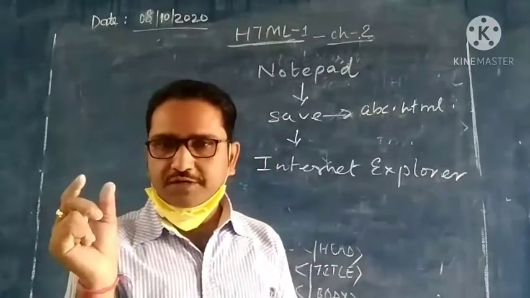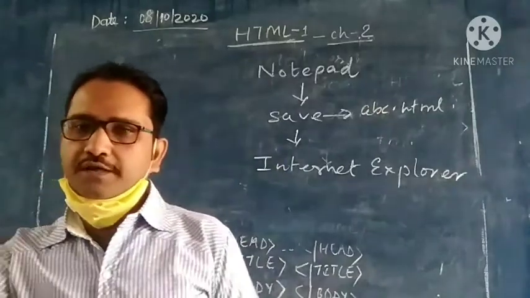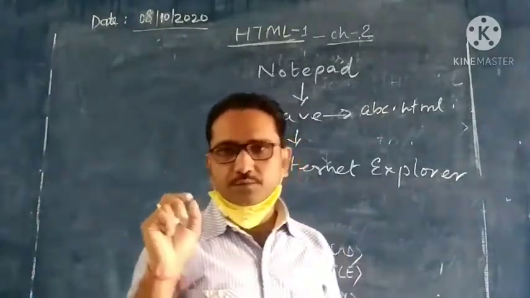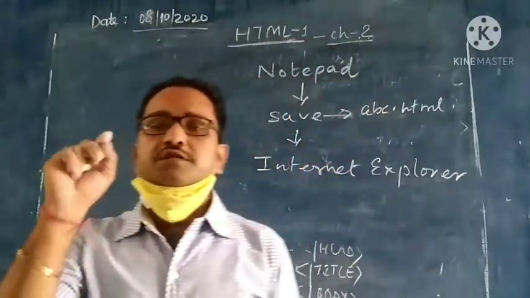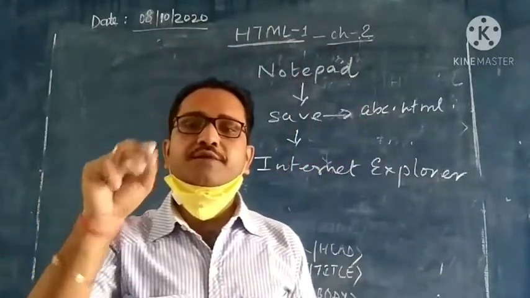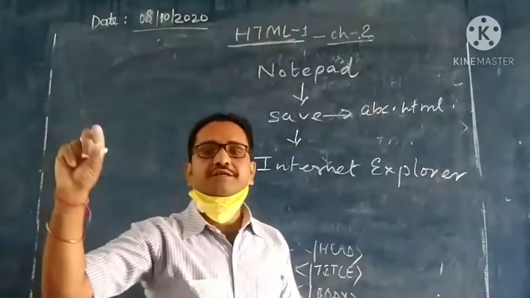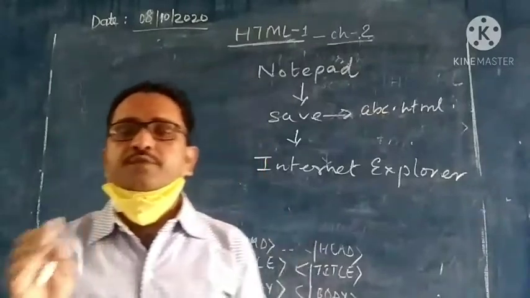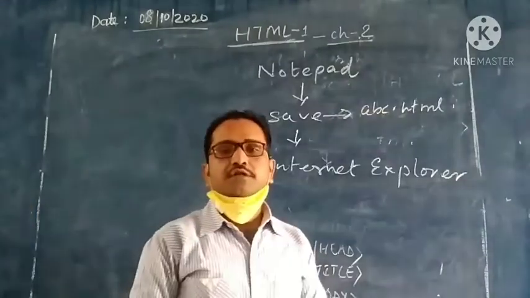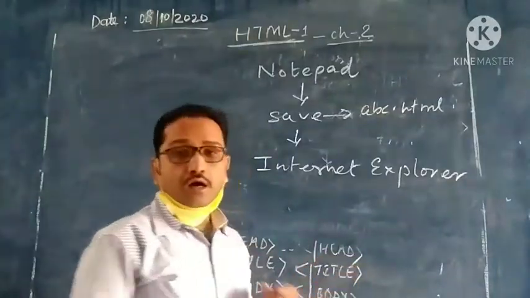Whether you have saved it in My Documents or on the desktop, whatever position you have saved, just browse it and click the file. The path will appear there, and you have to click the OK button. The file will be opened.